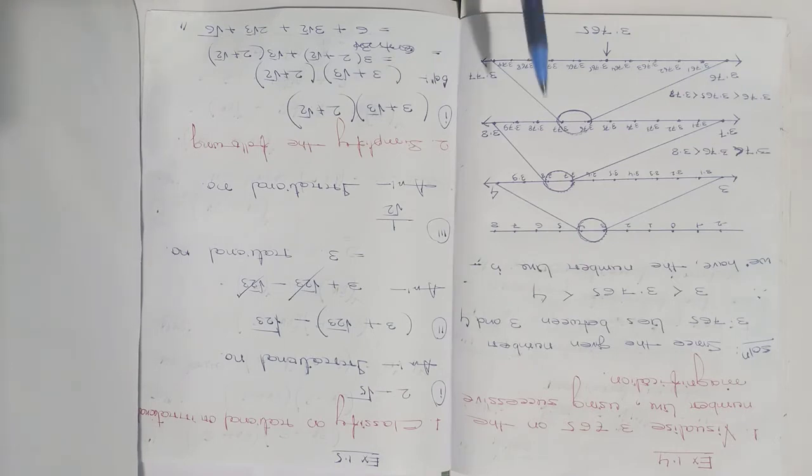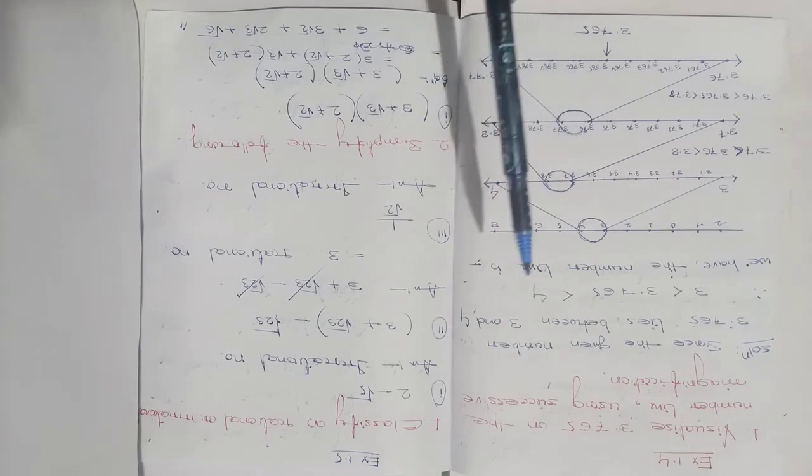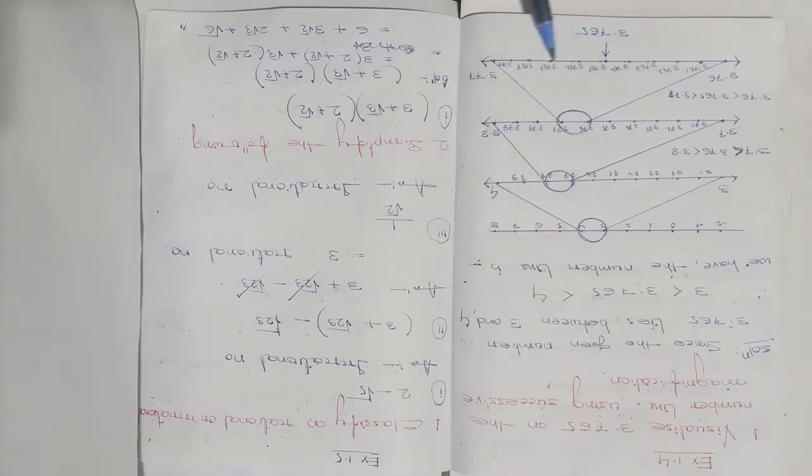Now our aim is to locate 3.765. This number is already here in this number line. So 3.765, you can see this is the required number which we were going to locate on the number line. So this is how to identify or locate a decimal number on the number line. Students, I hope all of you understood this question. If you have any doubt, you can ask me.